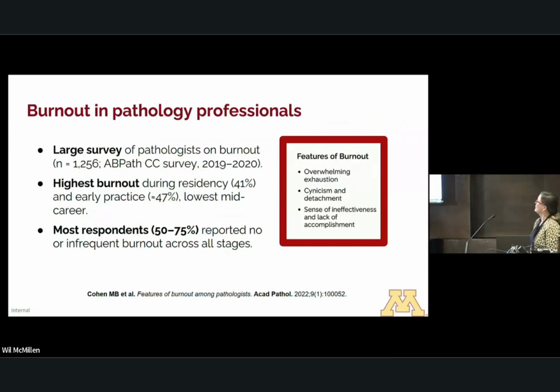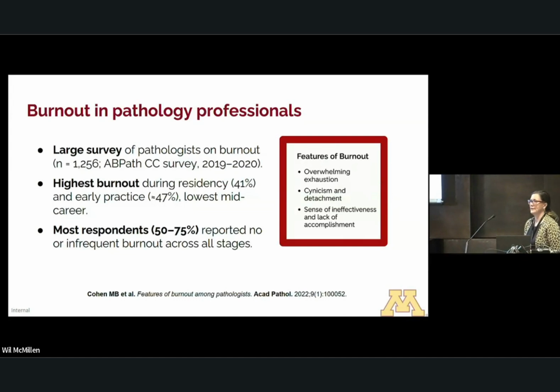Burnout, which I think is now officially in the DSM, or whatever version we're on now, is characterized by three classic features related to professional activity: overwhelming exhaustion, a sense of cynicism, a feeling of being detached and depersonalized, and then also, even very accomplished professionals will feel this sense of ineffectiveness or lack of control and accomplishment.